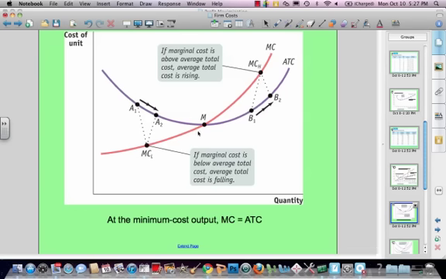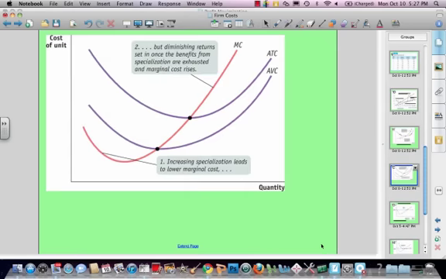We talked about the principle that says at the minimum cost output, marginal cost is going to equal average total cost, and discussed why this becomes a point of significant interest for us. We also looked at marginal cost and average total cost and the importance of this point of intersection as shown here.